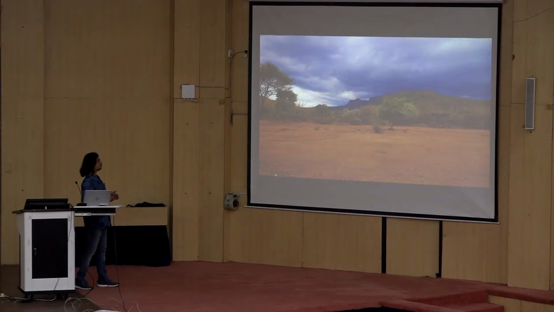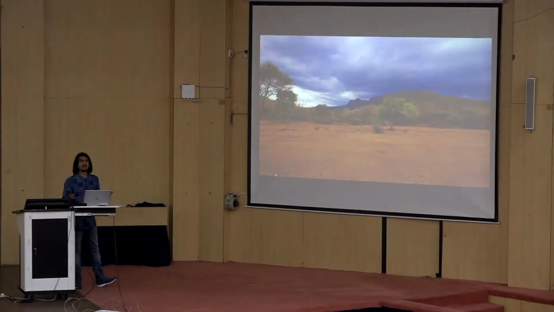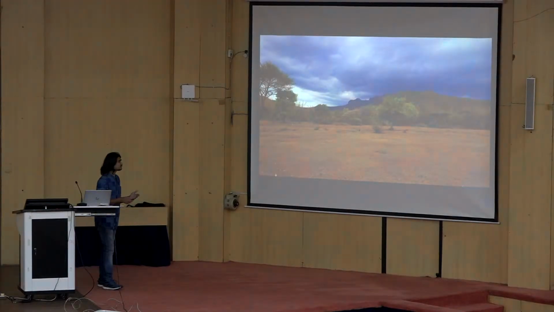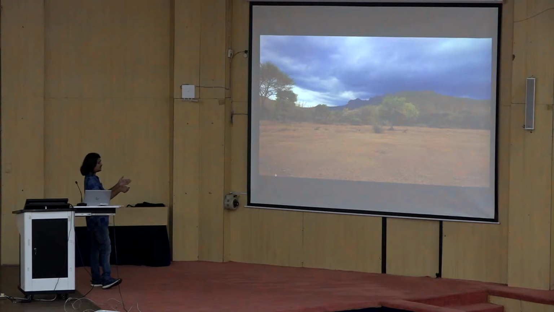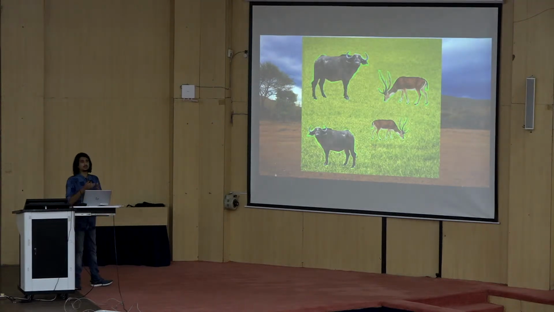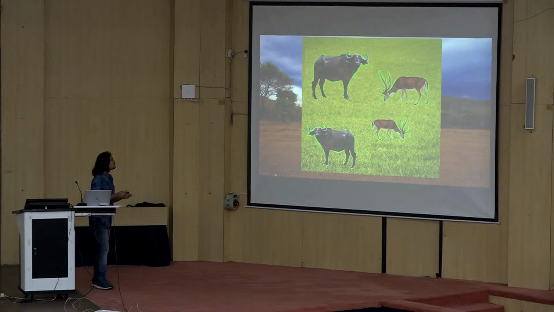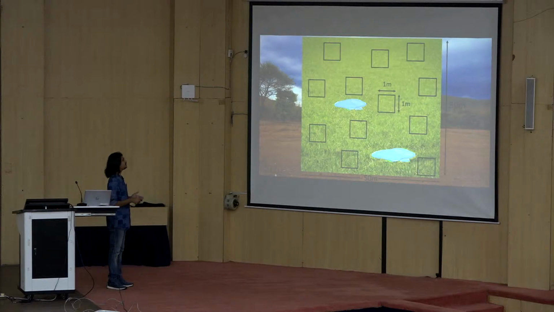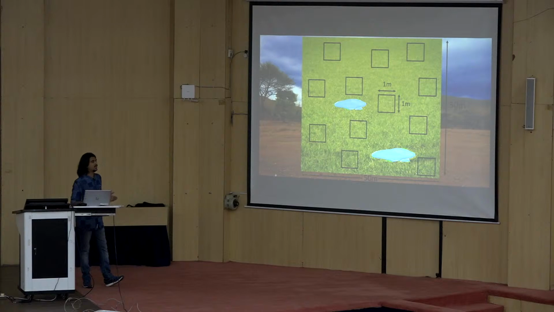To give you a visual representation of how I went about the vegetation sampling, this is one of my grazing sites. Here I plot a 50 by 50 meter plot, which looks something like this. We use ropes to demarcate the boundaries of the plots, and within these plots we have 12 subplots which measure 1 by 1 meter square.